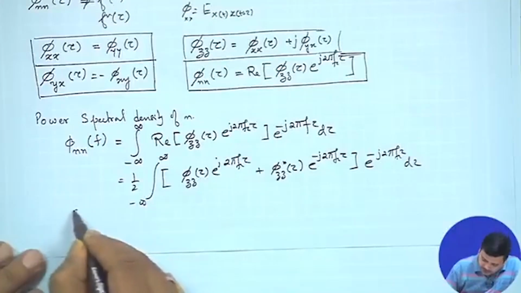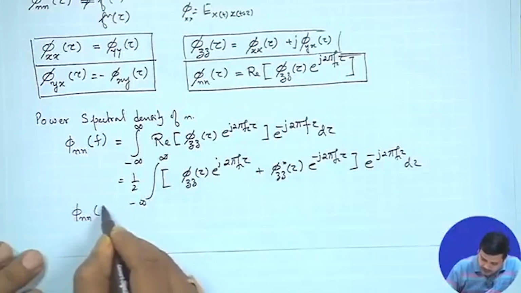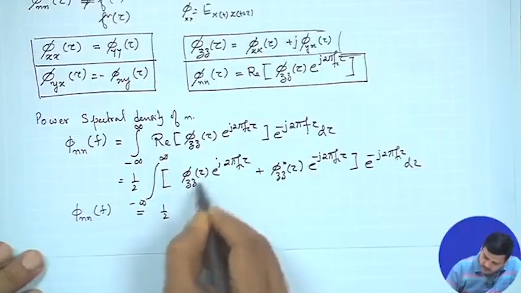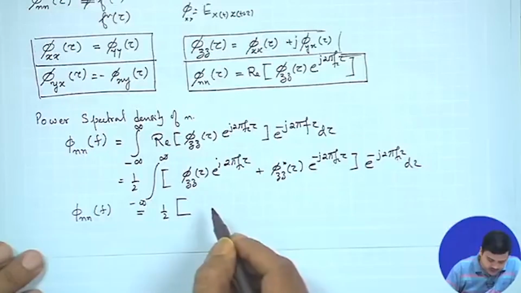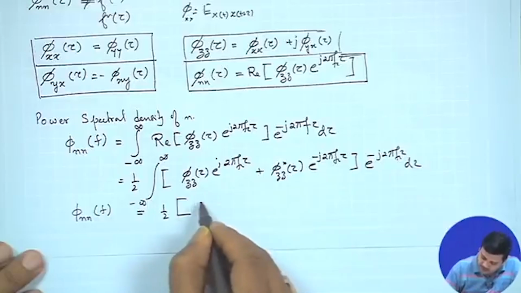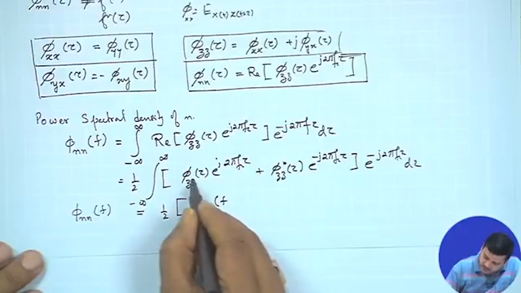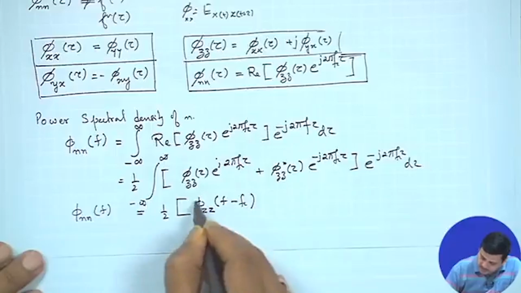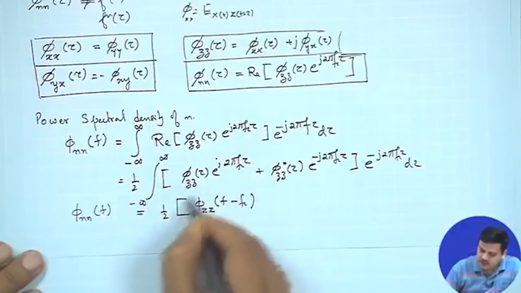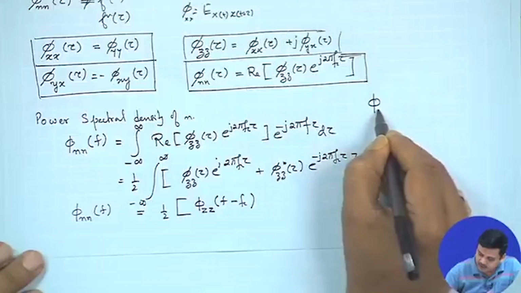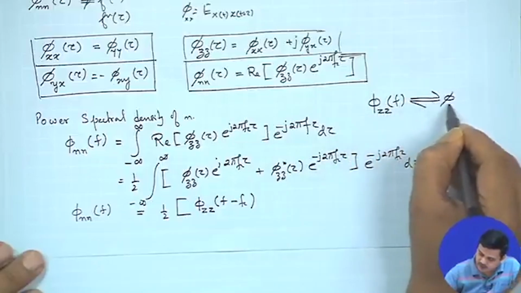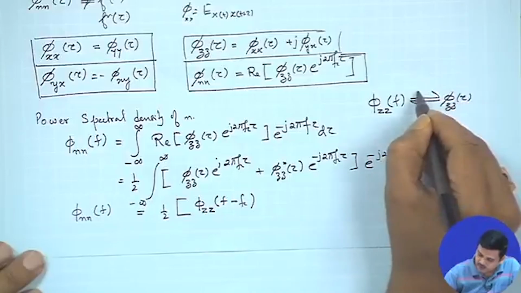If φ_zz(τ) has a Fourier transform φ_zz(f), and these are Fourier transform pairs, then this whole thing becomes this, where φ_zz(f) is the Fourier pair of φ_zz(τ).